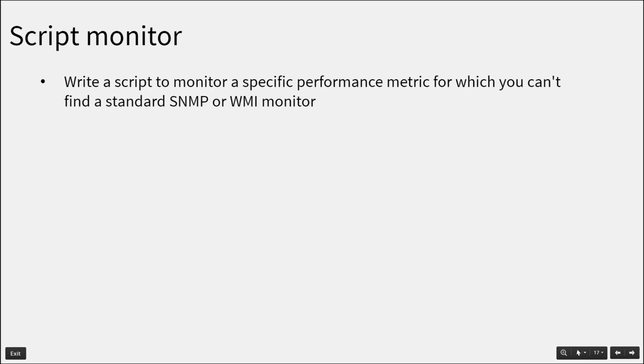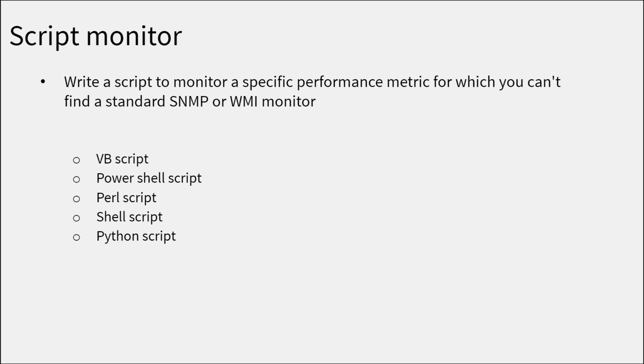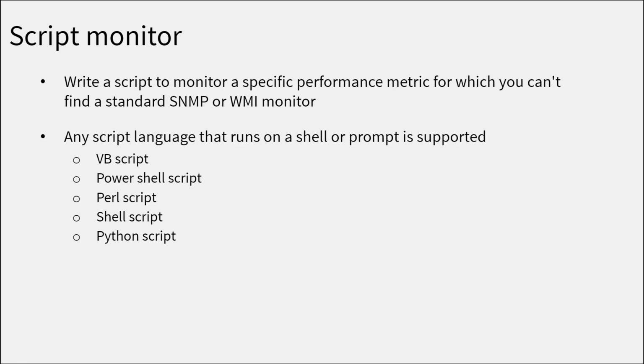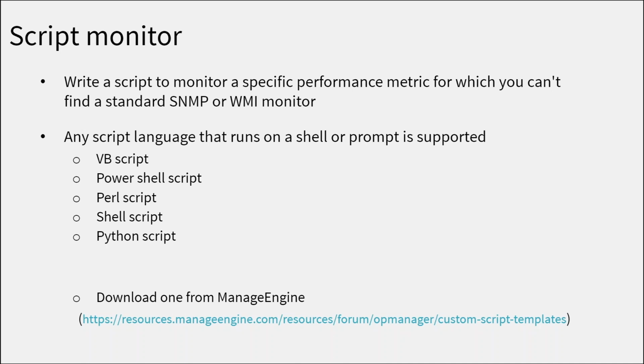And script monitoring, as I said before, for any performance metrics for which you cannot find the WMI classes, or you cannot find a default performance metric through SNMP or WMI, you can write your own script. Any script language that runs on a shell or prompt is supported, and you can write a VBScript or PowerShell script or Perl script, shell script or Python script, and get that added to the product and associated to the respective devices.